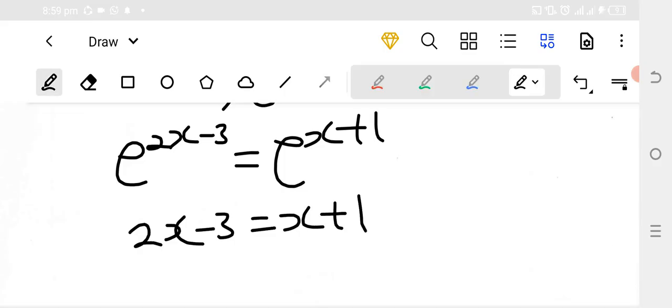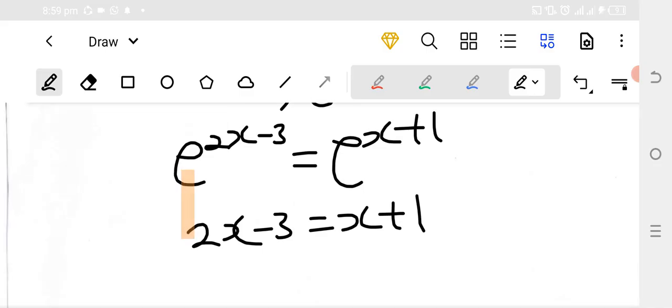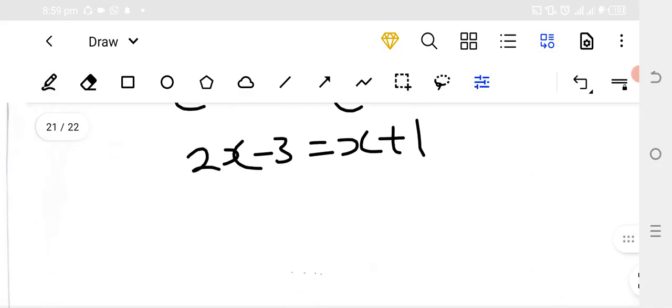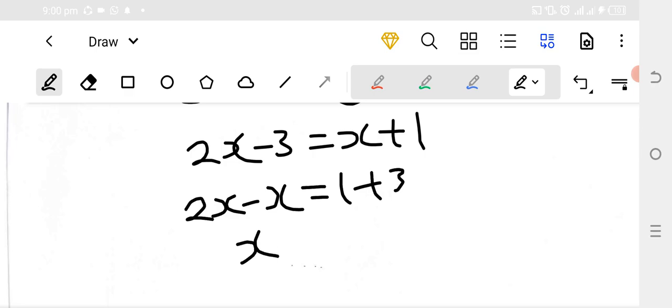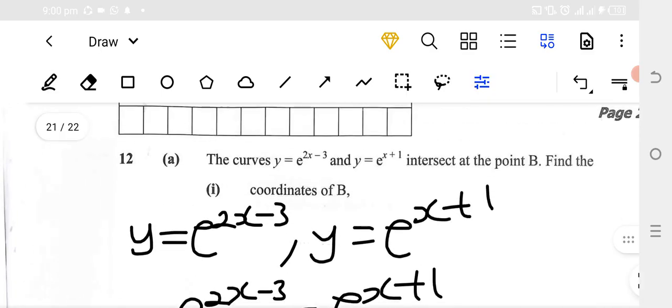What we do is we collect like terms. Therefore, it would become 2x minus x is equal to 1 plus 3. 2x minus x is simply x, is equal to 1 plus 3 is a 4. So x is equal to 4.